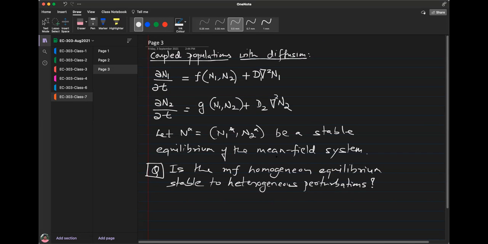If n star is the mean field equilibrium, then if we consider the homogeneous mean field equilibrium, are you now convinced that that is also an equilibrium of the reaction diffusion system?